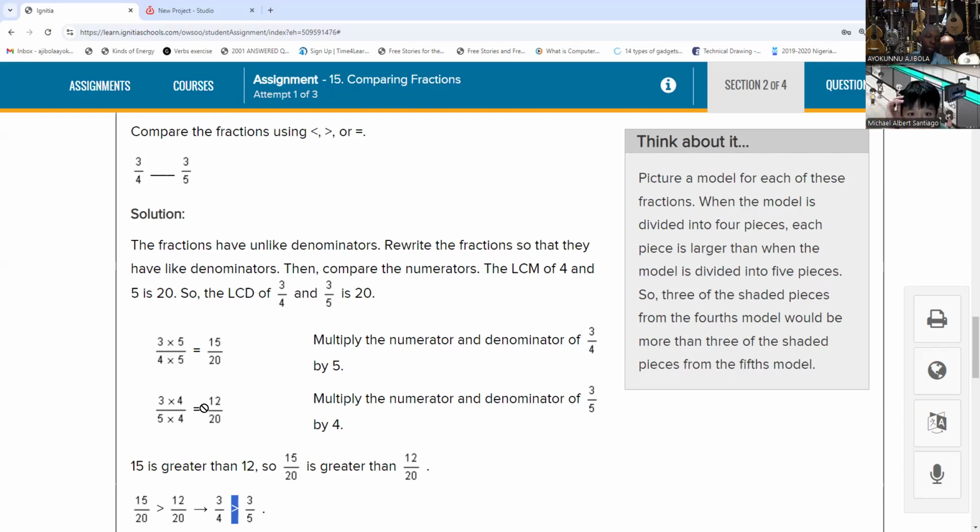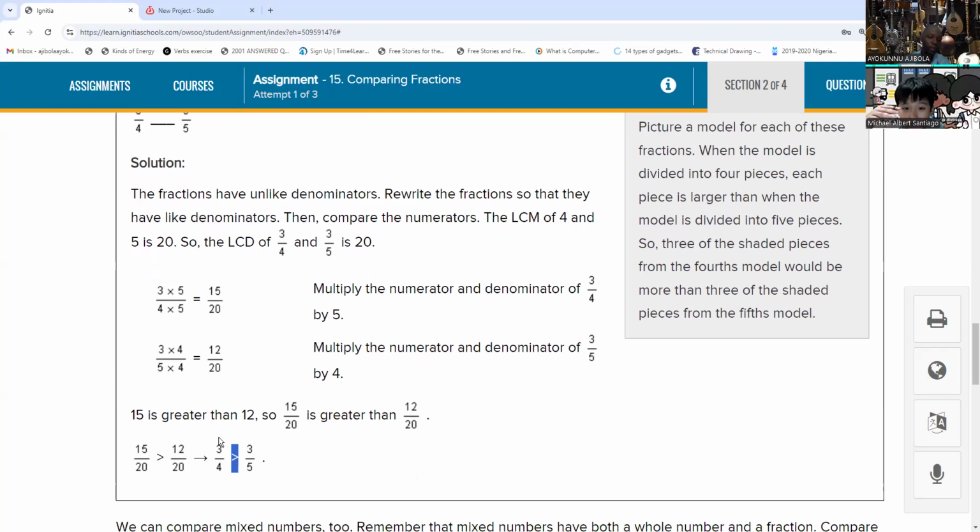That's why you see 12 over 20 here. So obviously 15 is greater than 12. Then we can say 15 over 20 is greater than 12 over 20, that means 3 over 4 is greater than 3 over 5. But just looking at it, once they are the same at the top, you can just pick the one with the smaller denominator as the bigger. Okay?